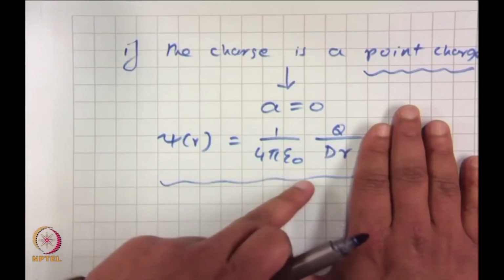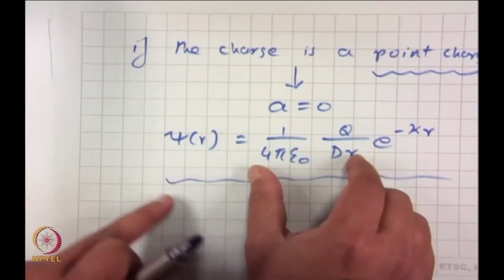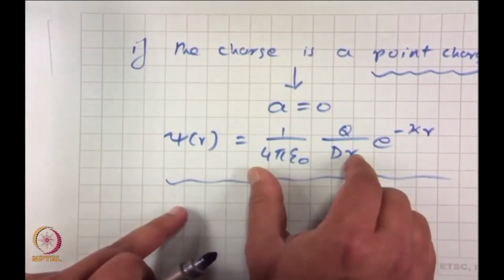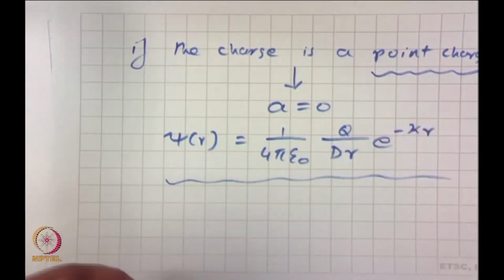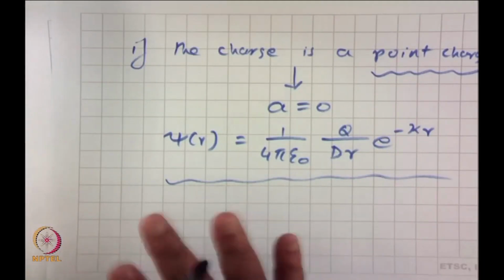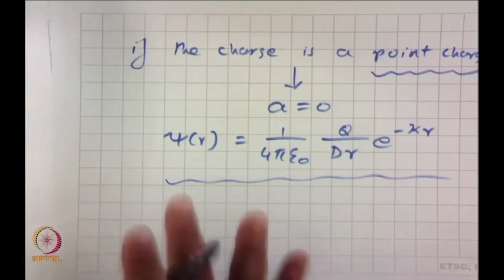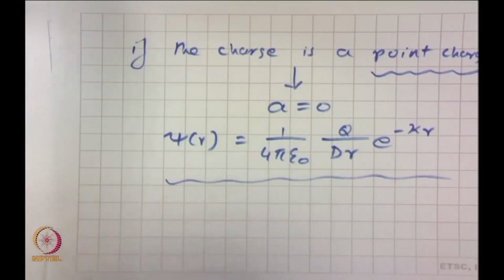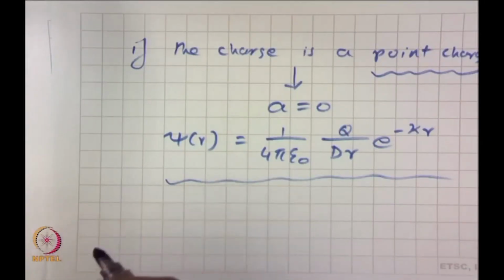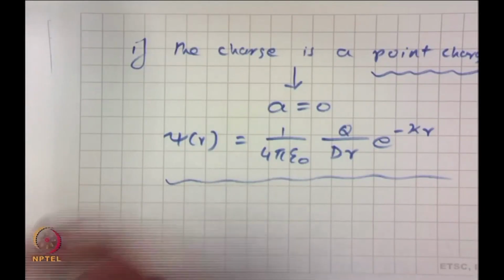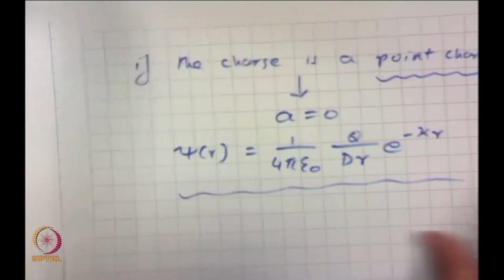So, along with the Coulombic potential, what you are adding is an exponential variation of the charge in the radial direction, depending upon kappa, right. So, this is what you really need to remember. I mean, definitely the derivations and the concepts behind these derivations or what you get from the final equation.